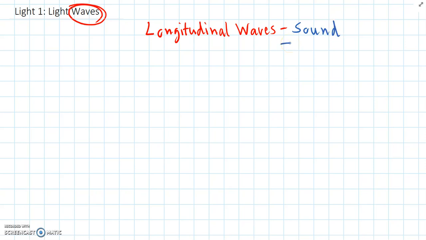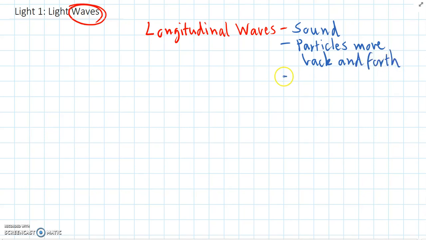And longitudinal waves are formed when particles move back and forwards. Back and forth. Because remember, sound is created by objects vibrating.